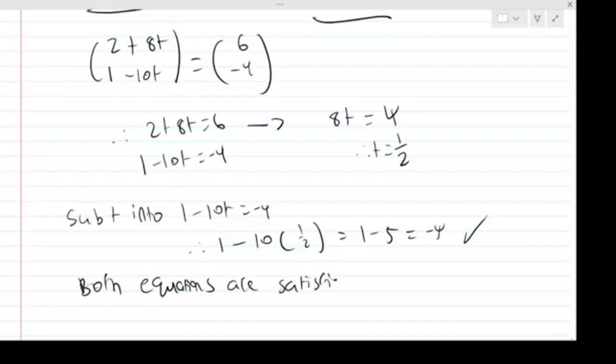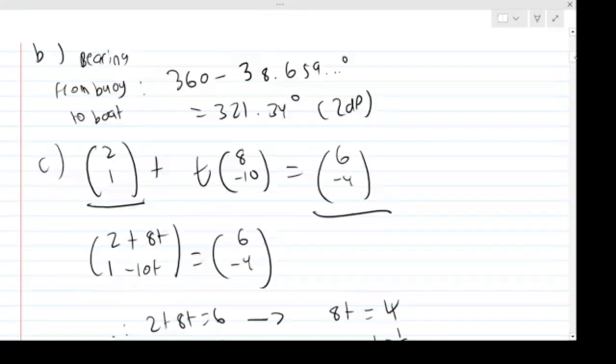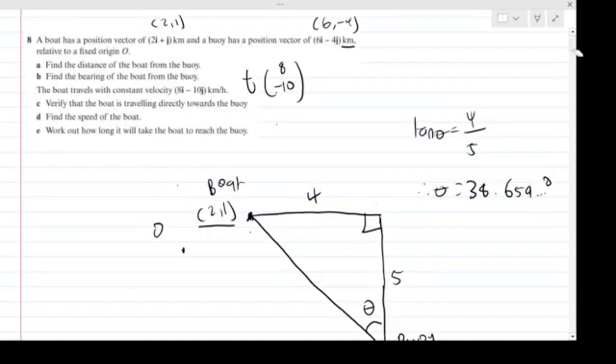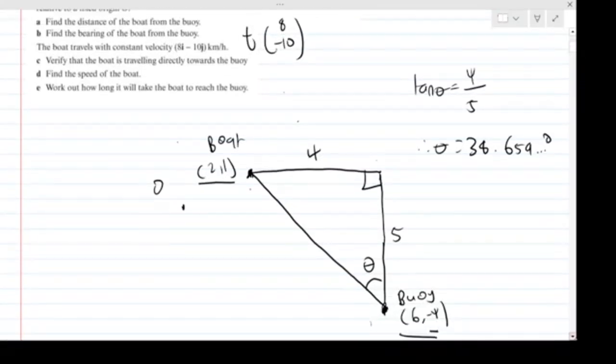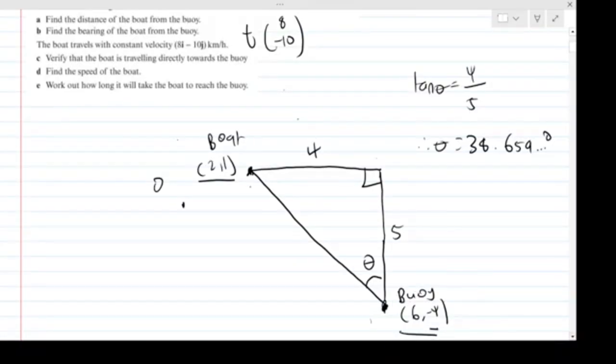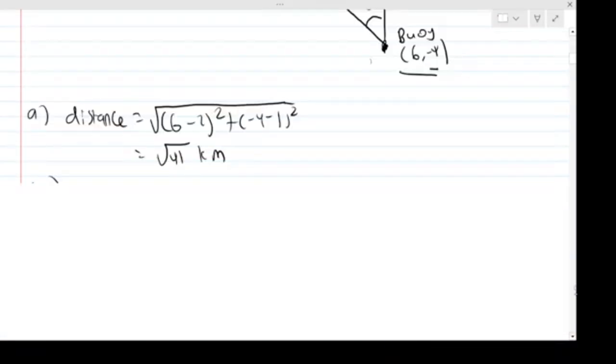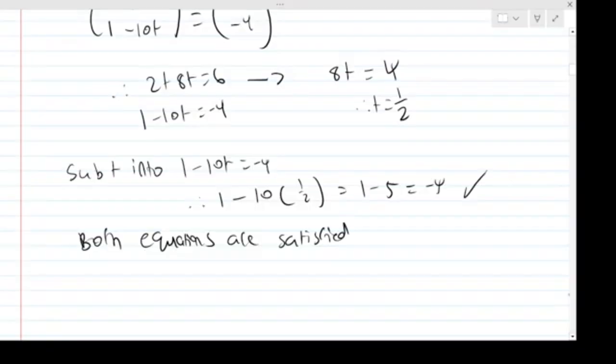And so that means there is a value of t where we end at the buoy with this velocity. With the velocity 8, minus 10, it indeed does reach the buoy at 6, minus 4, and specifically when t is a half. t is in hours, so it'd be half an hour, okay?